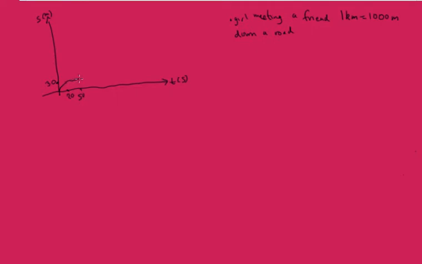This bit's flat. Then the bus comes and takes her past the place where she's going to be meeting her friend. So she goes 1,020 metres in total away from her house. Now, as you can see, this bus journey takes 200 seconds.